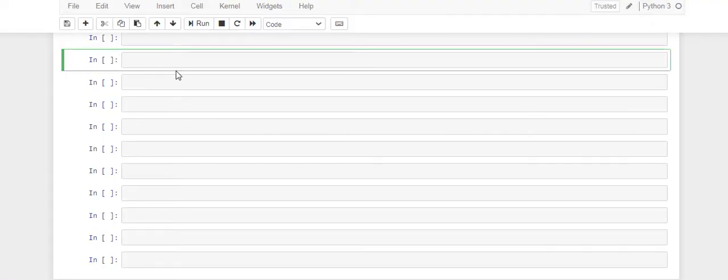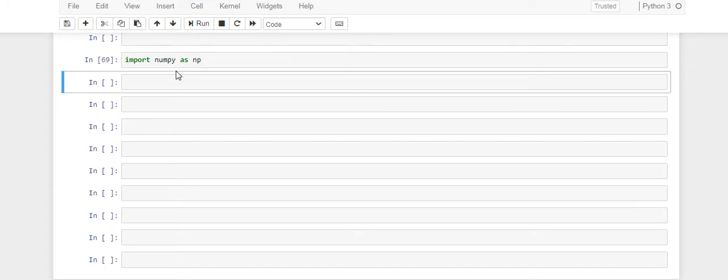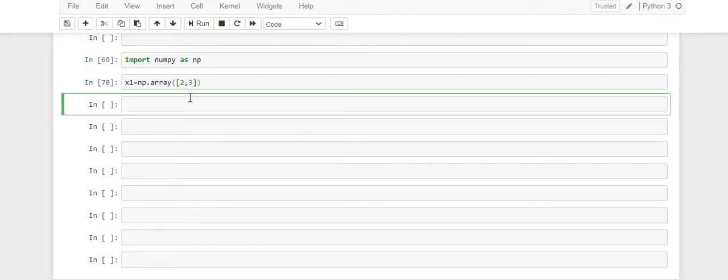Okay, let's start. First we have to import the NumPy library. Let's create two vectors using np.array. Suppose the first vector is (2, 3), and then we create our second vector, x2.